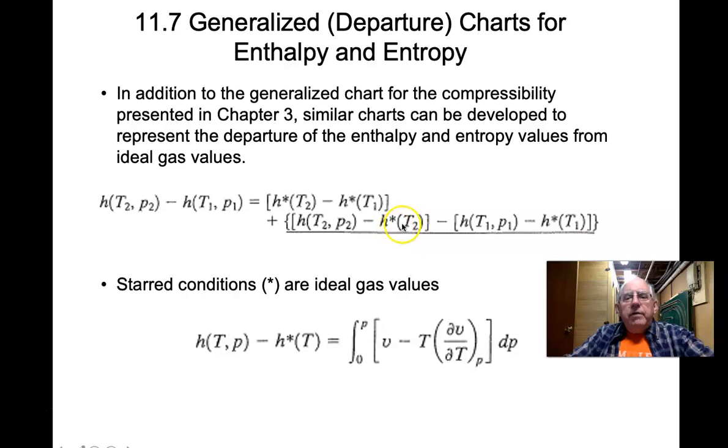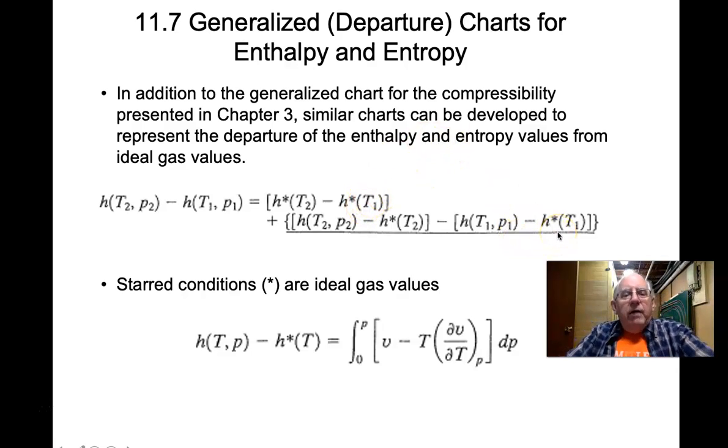And so the value of H star here, which is a function of only temperature, is the ideal gas value. So what we've done here on the right hand side is just added and subtracted H star to this equation. We've done the same thing for H star evaluated at T1. And so basically we've taken this and we've added and subtracted, well, subtracted and added over here.